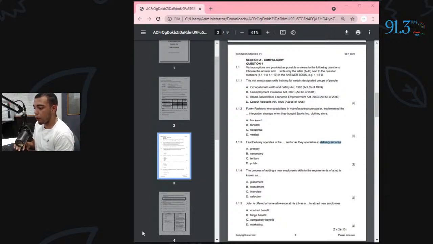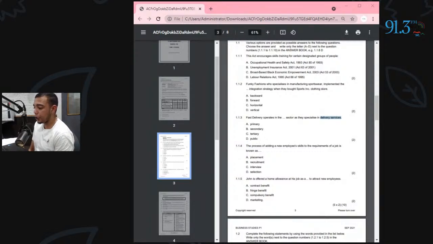We go to 1.1.4, the process of adding a new employee's skills to the requirements of a job is known as. So what is it known as? The recruitment? No, it cannot be the recruitment. Why? Because with the recruitment process, we are just taking an employee either internally or externally.